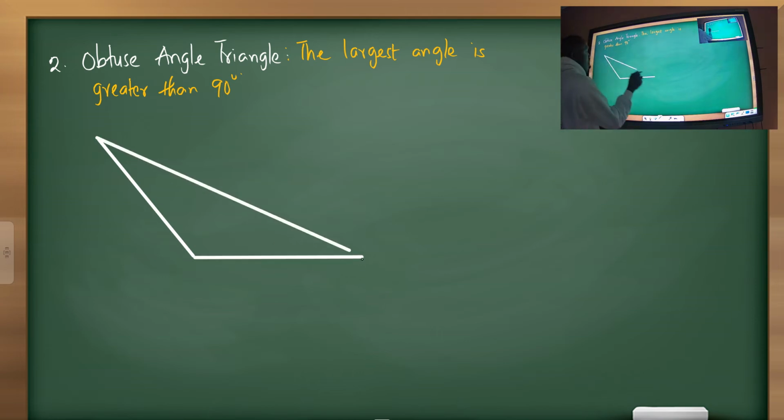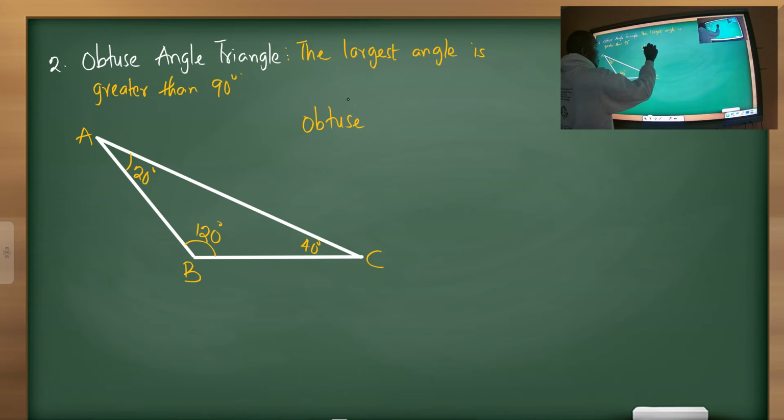If we label it ABC, I can call this 120 degrees, greater than 90 degrees. And I've got 60 left, so I can distribute 20 and then 40 degrees. So the largest angle here is greater. When we say obtuse, obtuse means something greater than 90 degrees.